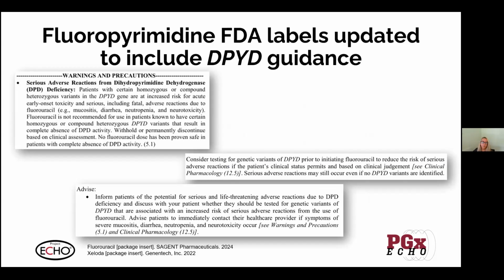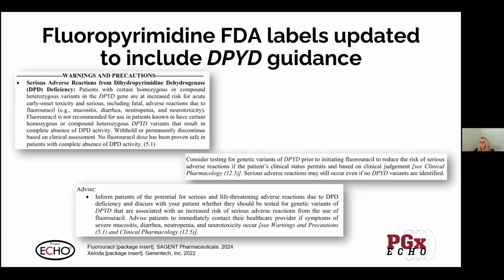In the last couple of years, the FDA labels for fluorouracil and capecitabine have been updated to include text under the warning and precautions section about the risk of DPD deficiency. There's also text that recommends that clinicians should consider DPYD testing prior to initiating fluorouracil.